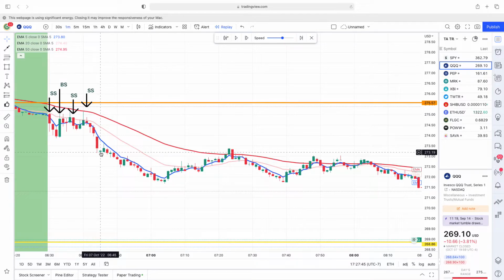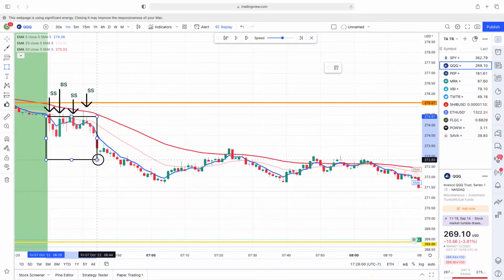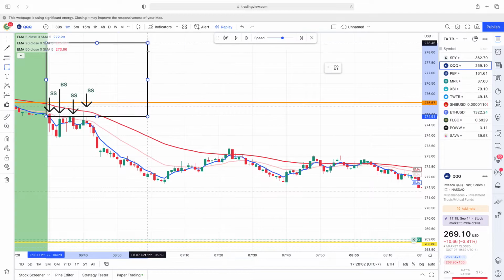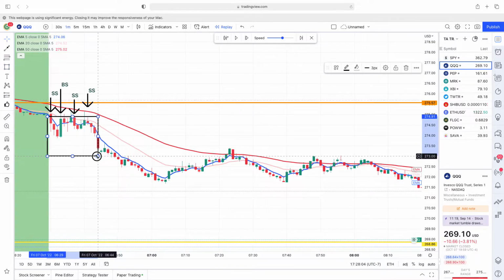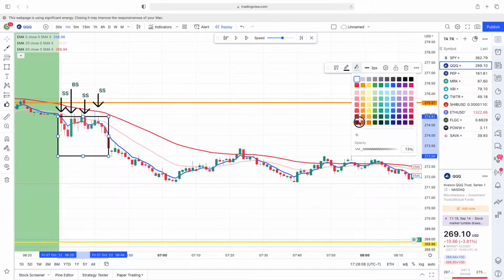Now what I would do, we're just going to go ahead and box this so we can see this. 1, 2, 3, 4, 5, 6, 7, 8, 9, 10, 11, 12, 13, 14, 15. We're going to just put any color that we will distinguish there real quick.